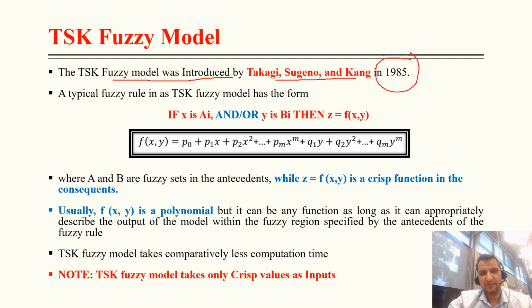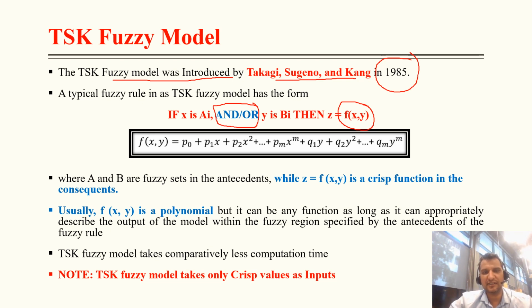The typical fuzzy rule in the TSK fuzzy model is: if x is Ai and/or both these operations can be performed, y is Bi, then z is equal to f(x,y). Earlier it was z equal to ci, but in this case it is a function.